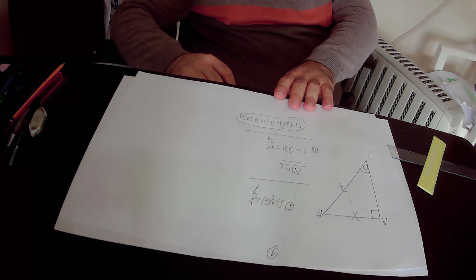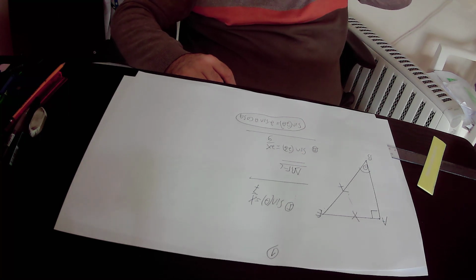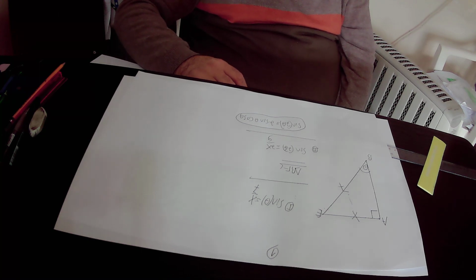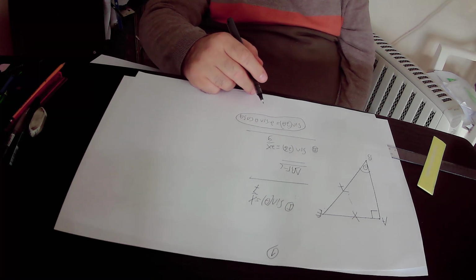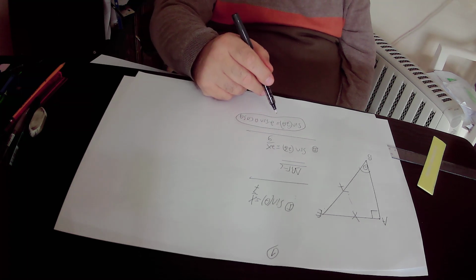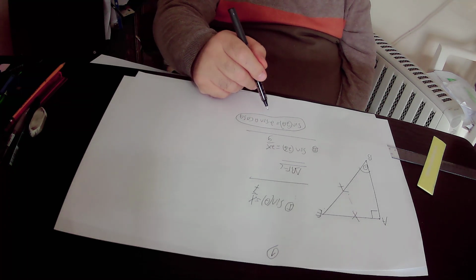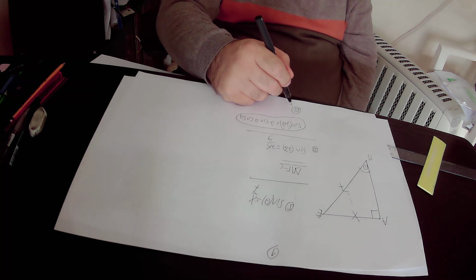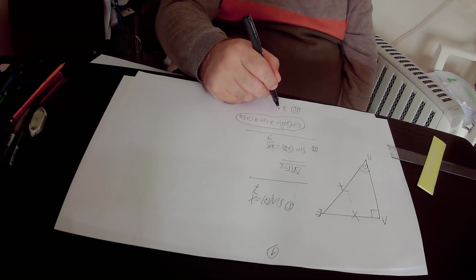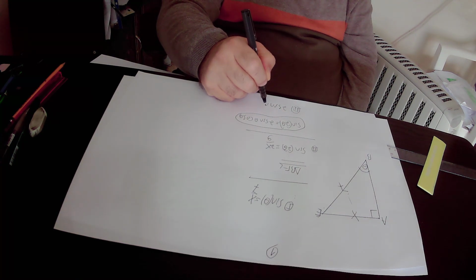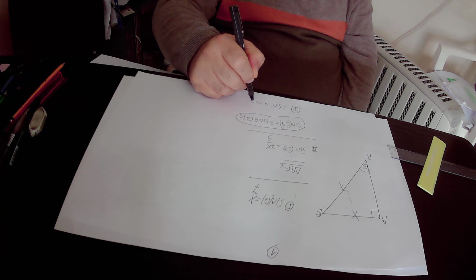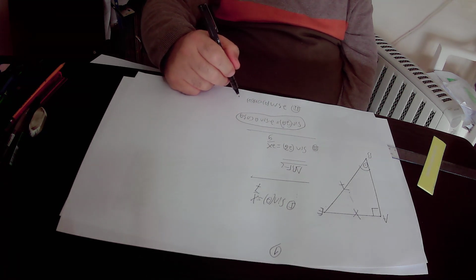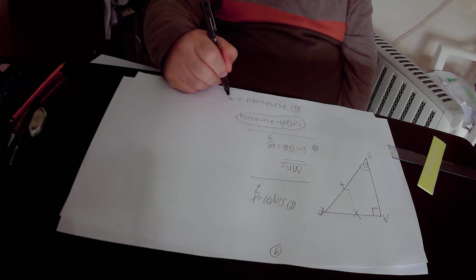We have the trigonometric identity that sine 2 theta equals 2 sine theta cosine theta. So we can substitute sine 2 theta in equation number 2 by 2 sine theta cosine theta. We'll do it and we'll get 2 sine theta cosine theta equals 2x over 9.